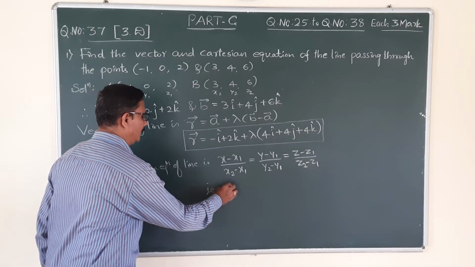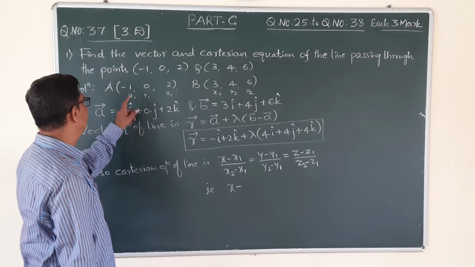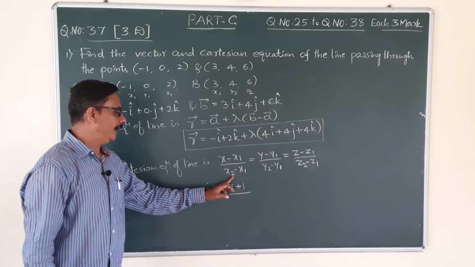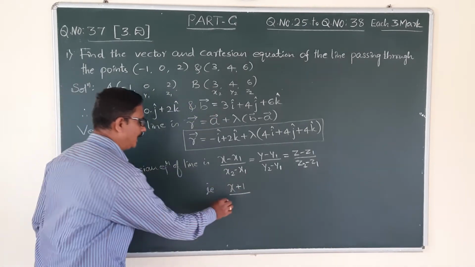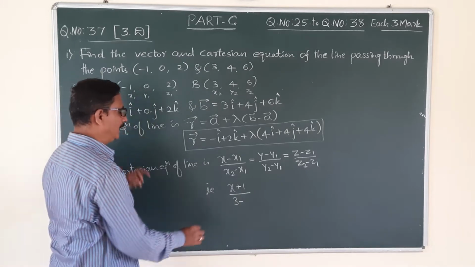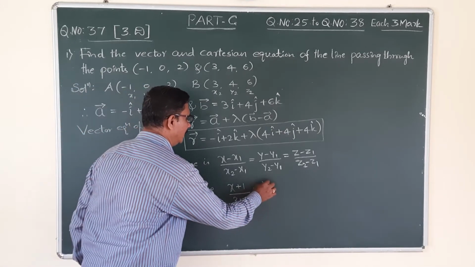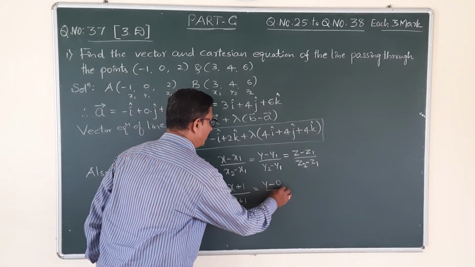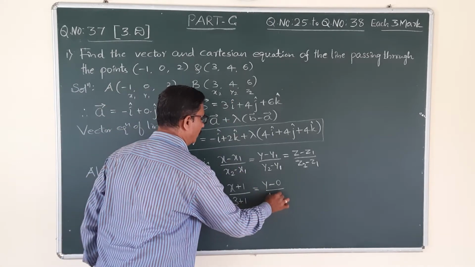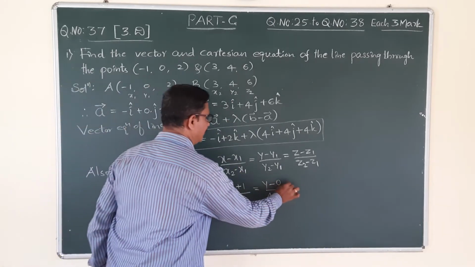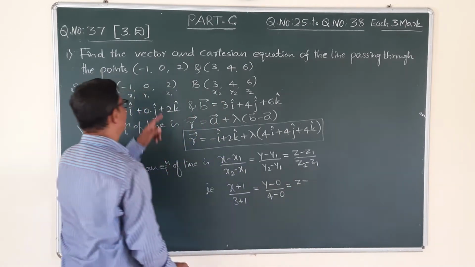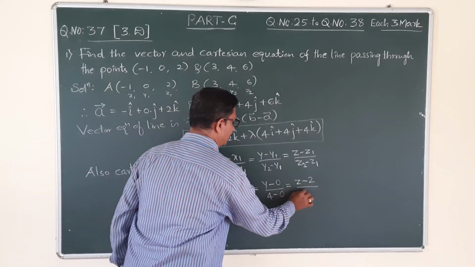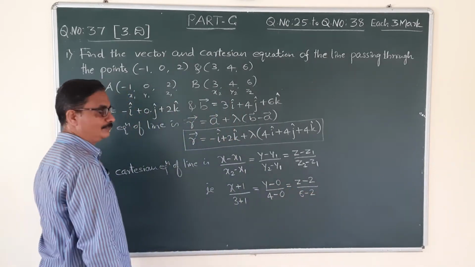Now substituting the values: x minus x1, where x1 is -1, so minus into minus is plus 1, divided by x2 minus x1, where x2 is 3 minus x1, which is -1, so plus 1, is equal to y minus y1, where y1 is 0, divided by y2, 4, minus y1, which is 0, is equal to z minus z1, where z1 is 2, divided by z2, 6, minus z1, which is 2.